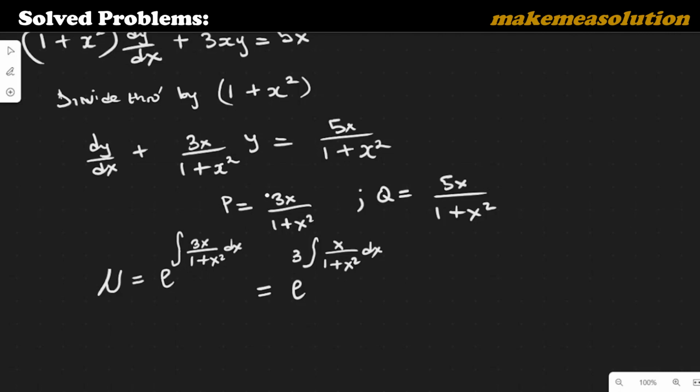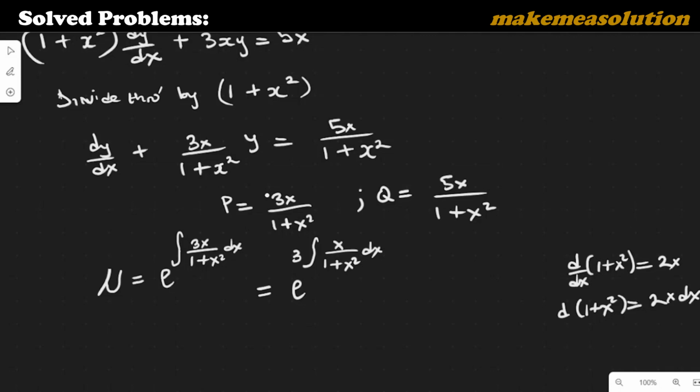So if you consider the derivative with respect to x of 1 plus x squared, you get 2x. Is that not so? So in other words, d of 1 plus x squared is equal to 2x dx. Is that not correct? Now what we have in the numerator position is x dx.